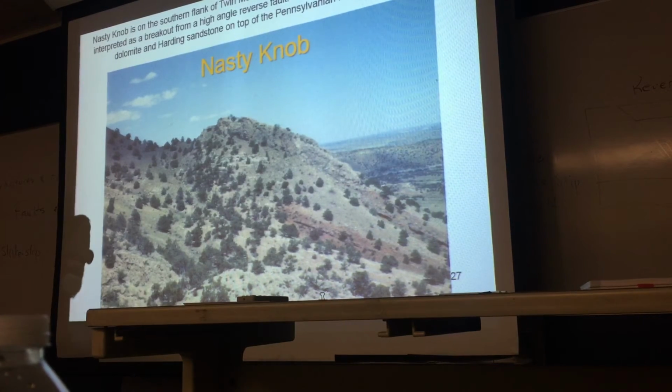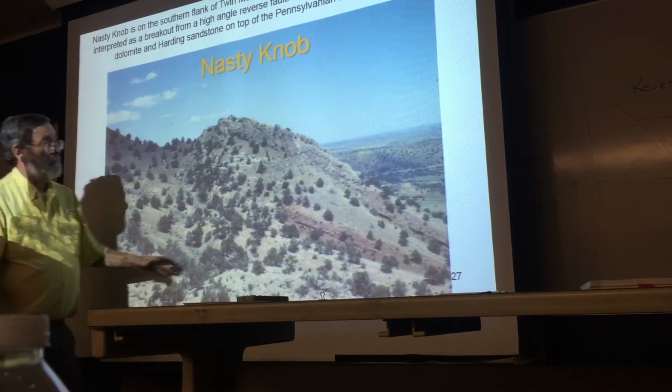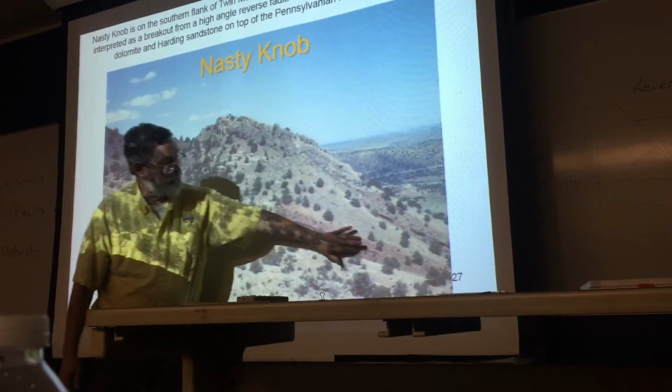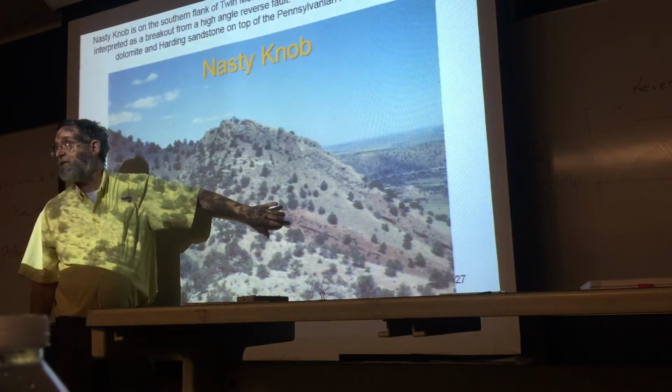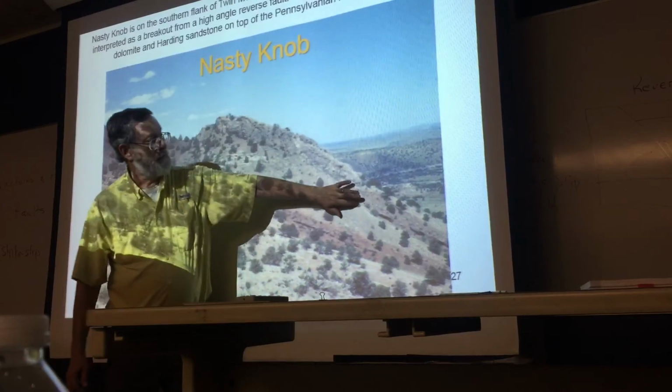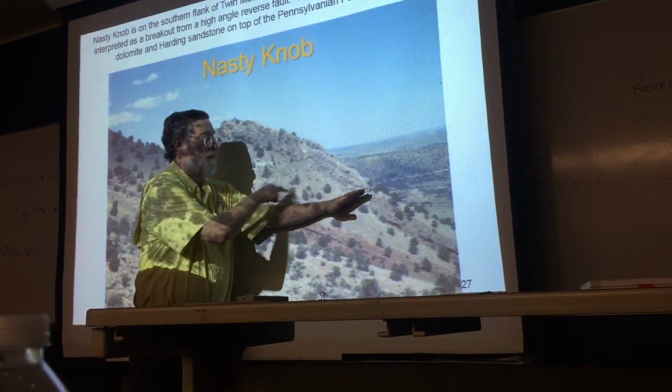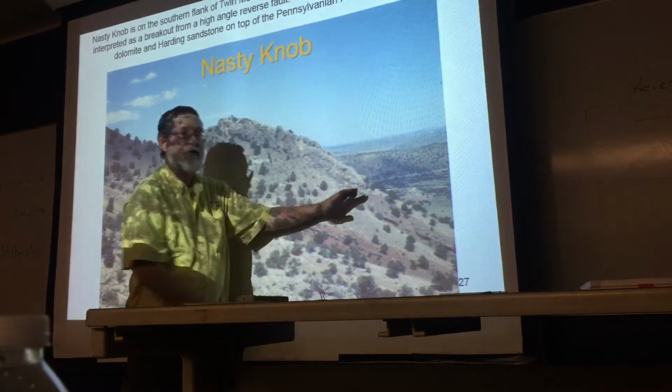This particular photo was taken a long time ago, 1975. This was field camp. You can see these rocks come in and terminate, and so that's a thrust fault, where older rocks have come out over younger rocks.